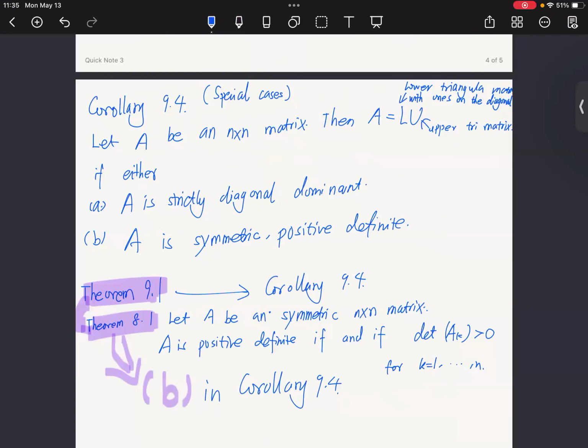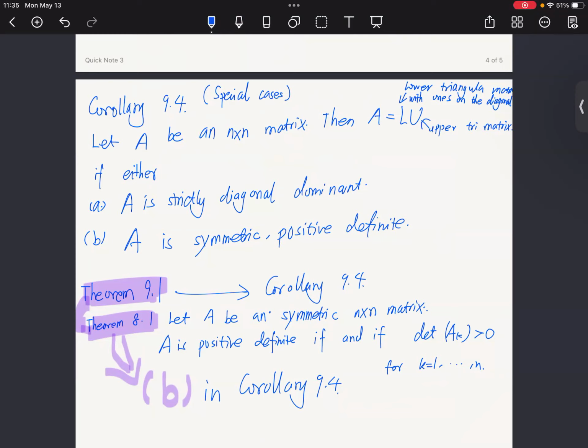Theorem 9.1 is the most general case, and the corollary 9.4 is just some special cases here. We just finished combining the theorem 8.1 and the theorem 9.1, and got the B part.